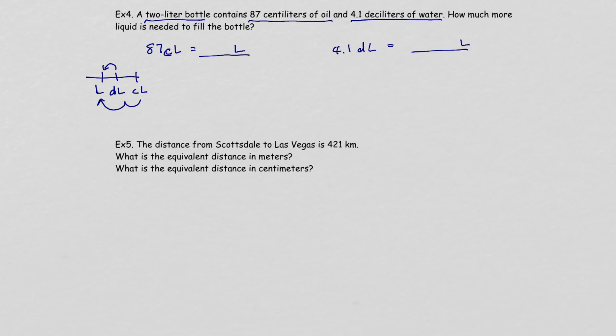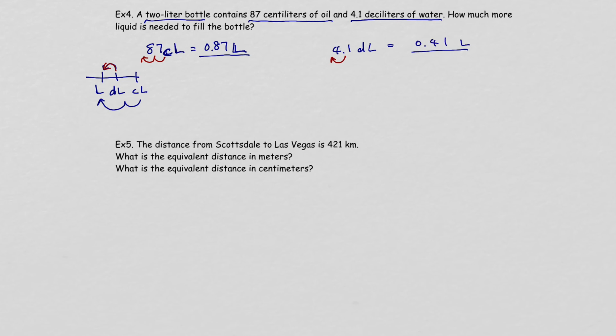So centi to liter, 2 units to the left, which is going to give you 0.87. Deci to liter is just 1, right? So we'll be moving 1 unit to the left again. That's what I say, right? Left 1 unit. So that will give you 0.41 liters.